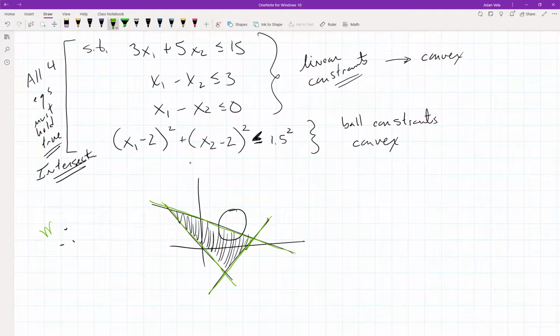All right. So again, for the triangle here, the linear constraints, the green area is the feasible area corresponding to that. And then for the ball, the feasible area is everything in the red. Now, when we put these together, the feasible space of all these constraints together is the yellow thing.